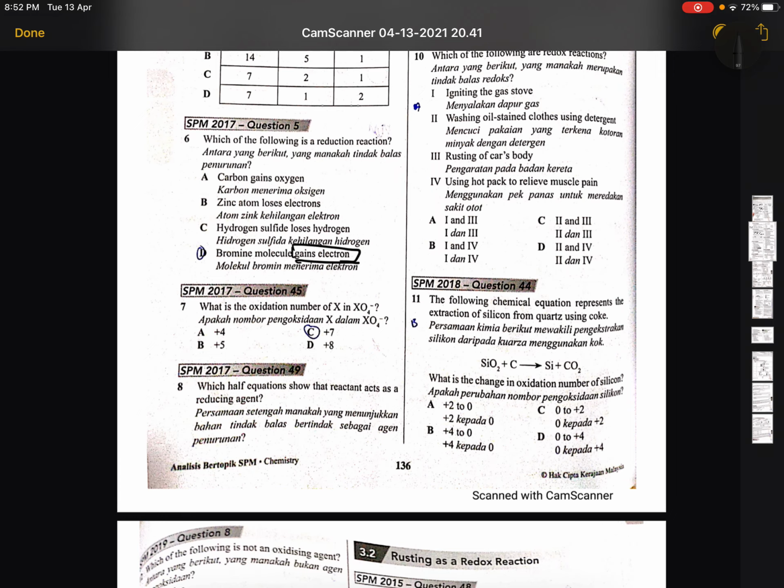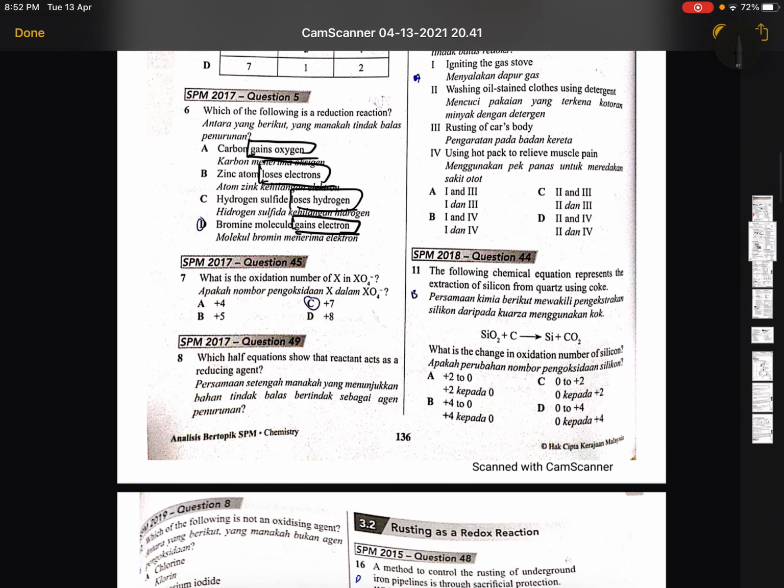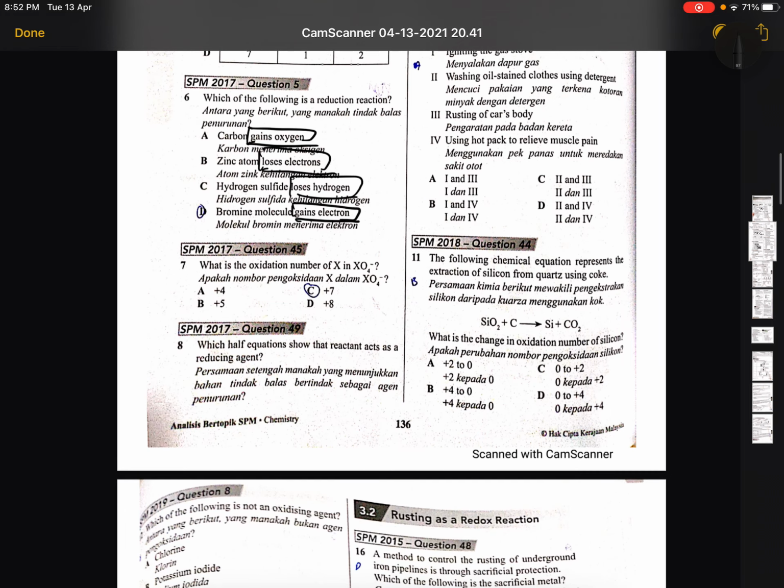Which of the following is a reduction reaction? Bromine molecule gains electrons, because if you gain electrons, you are reduced. If you gain oxygen, it's oxidized. If you lose electrons, it's oxidized. If you lose hydrogen, it's oxidized. Zinc atom loses electrons.